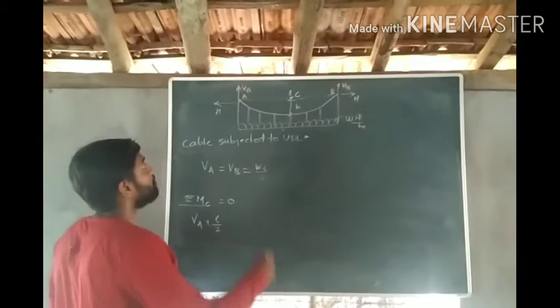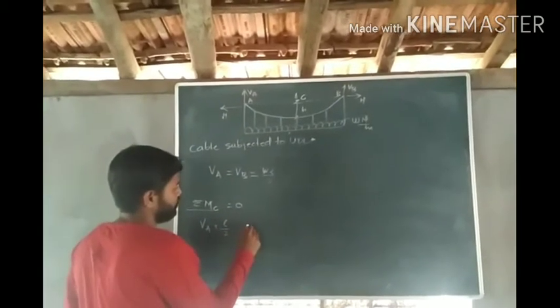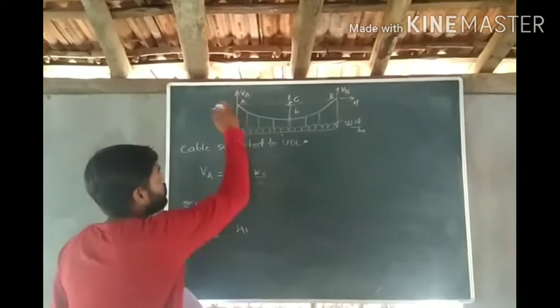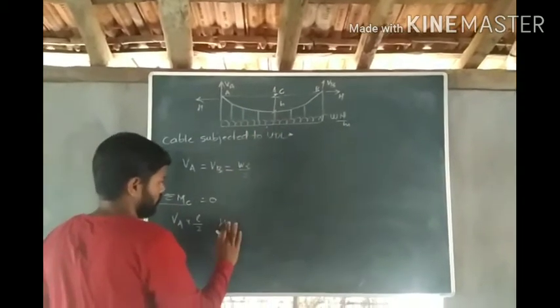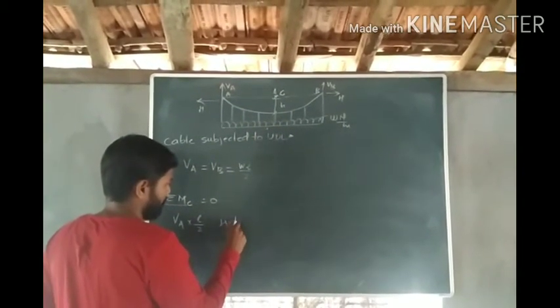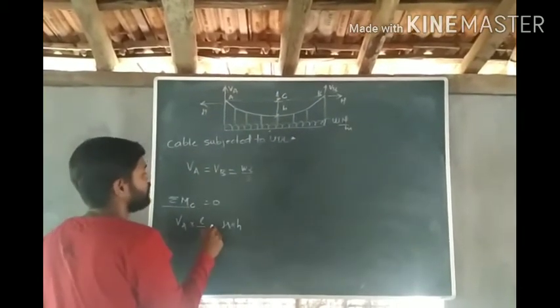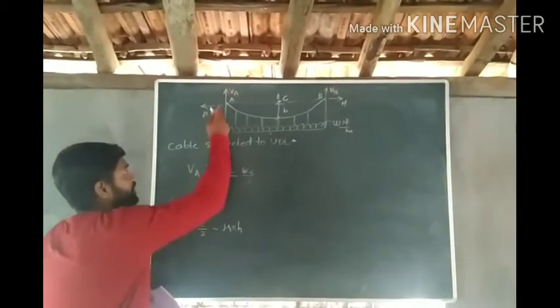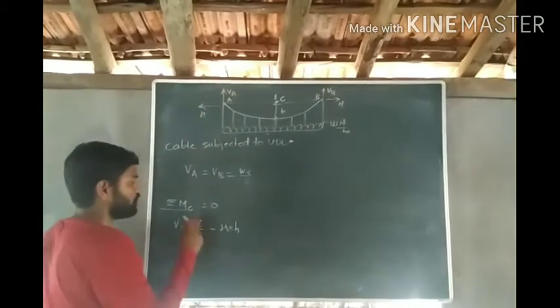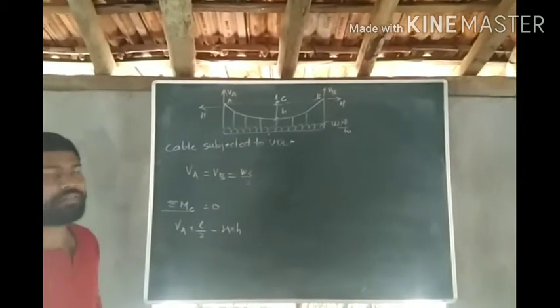Then H multiplied by distance small h. Now this VA will cause a clockwise moment, so that is why I have written positive, and this H will cause an anti-clockwise moment, so that is why I have written negative.